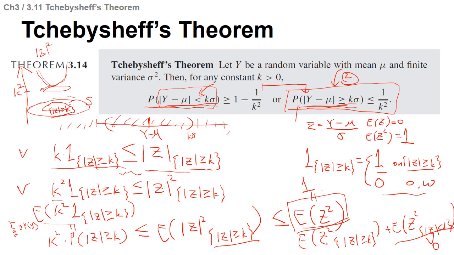Here what we found is that k squared times the probability that the absolute value of z is greater than or equal to k is less than or equal to 1. So this is the proof for the Chebyshev theorem.